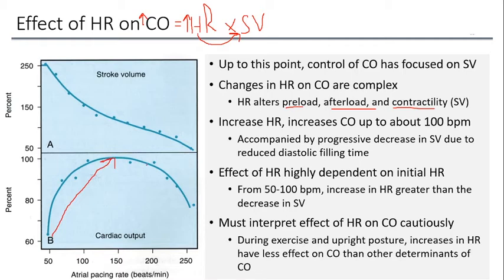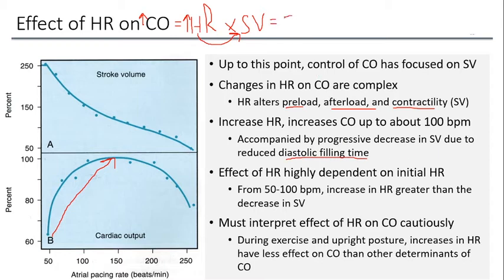So as you increase heart rate, yes, there is an increase in cardiac output, but this typically goes to 100 beats per minute. The reason why further increases in heart rate can start to impact cardiac output is because, once you increase the frequency of the ventricles contracting, that leads to less time to fill those ventricles with blood.